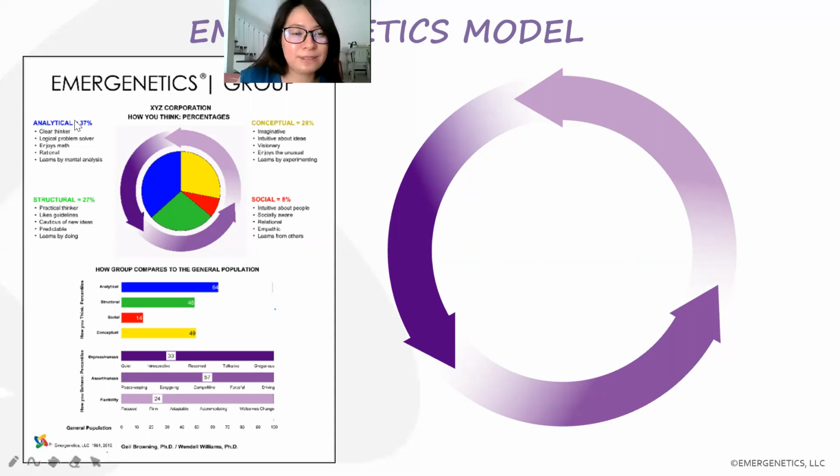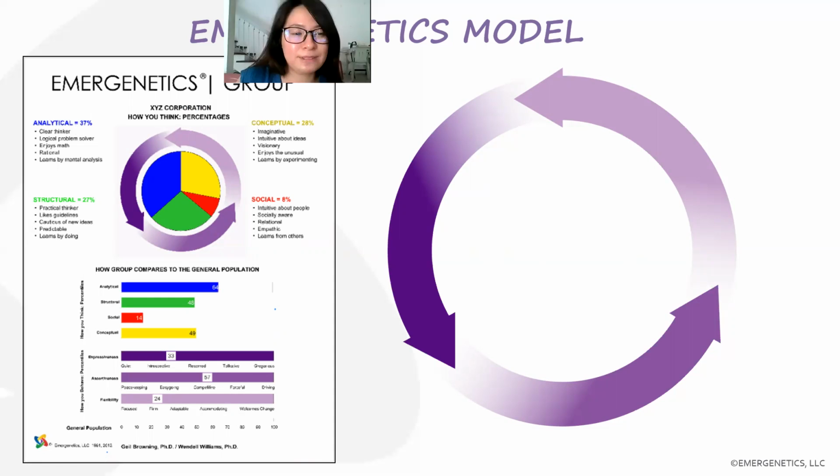The group prefers analytical. So analytical is their preference, they love to use it. They also have structural, and conceptual, think out of the box. Conceptual, yes, they have it. However, social is not their preference.